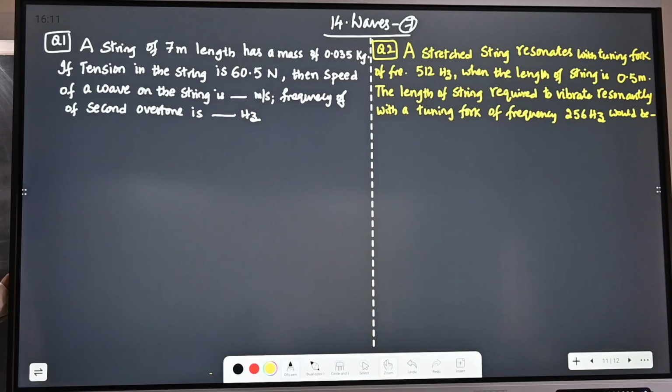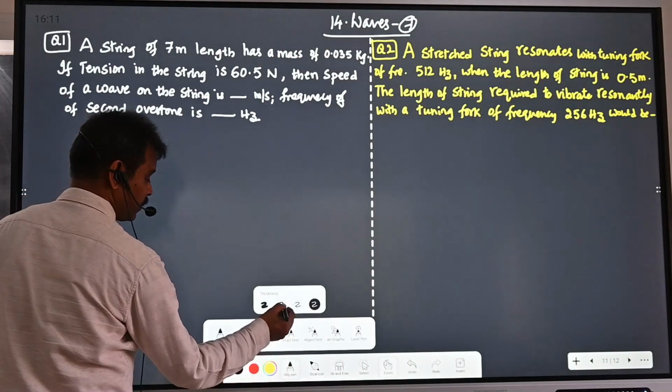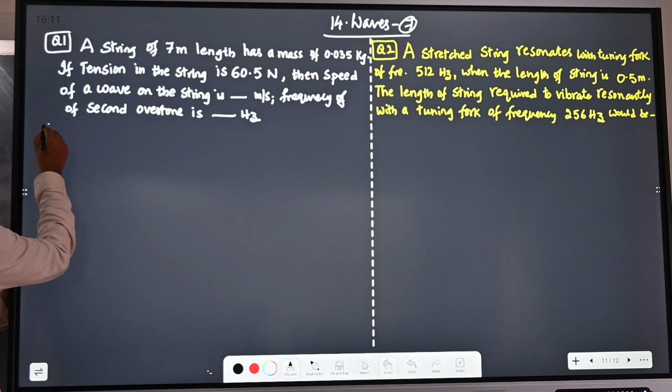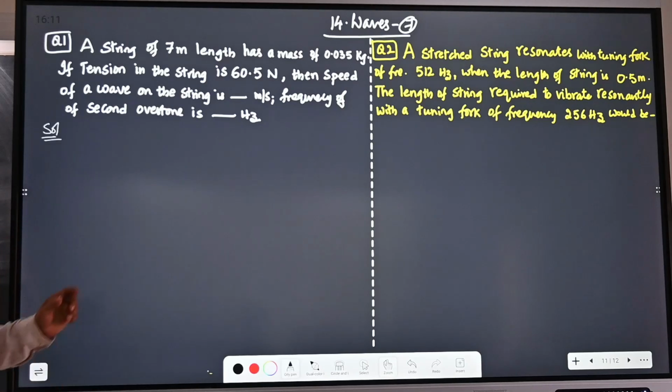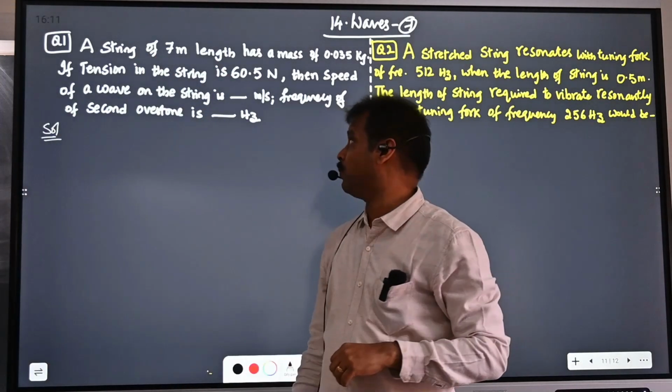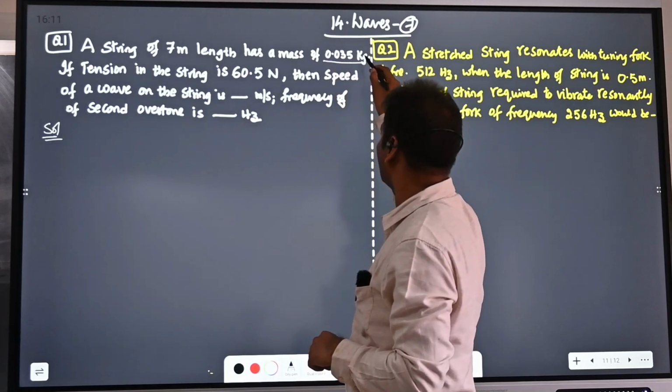We have two problems based on stretched string, students. The first problem: a string of 7 meters length has a mass of 0.035 kg.